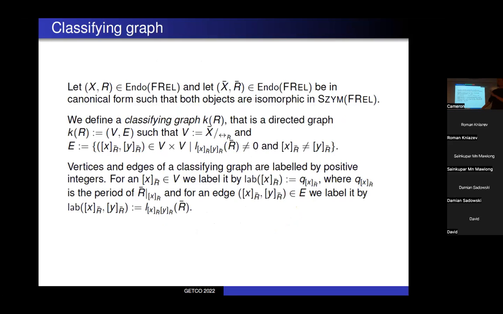So now we can define the classifying graph. More or less, it is the condensation graph of the graph given by the relation, but we have connections between components. So we are just shrinking components, and edges are exactly edges between the components which have a number of connections different from 0.